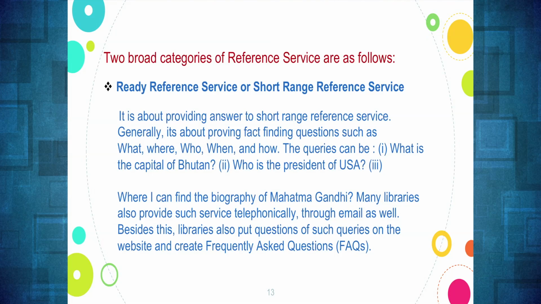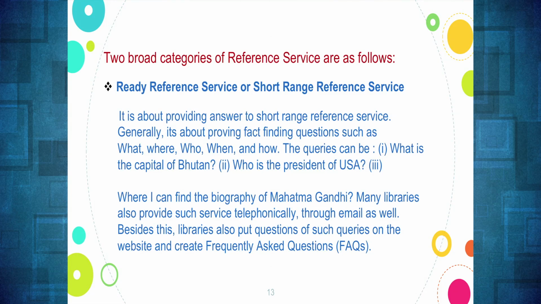So, we can broadly categorize the reference service in two parts. First is ready reference or short range reference service. It is about providing answers to short range queries. Generally, it is about providing facts, finding questions such as what, where, who, when and how.